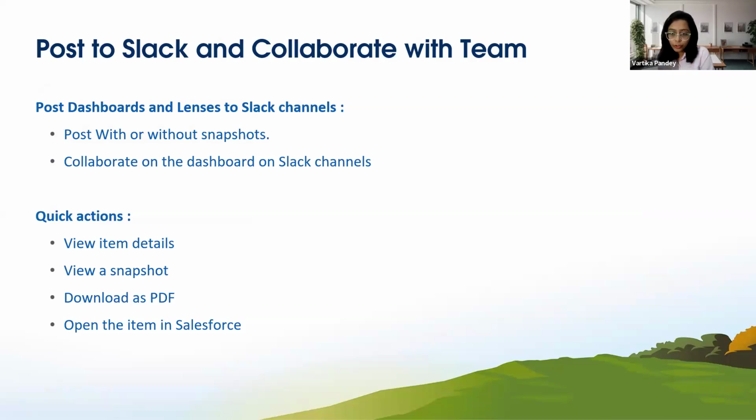If you don't choose to have an image preview, it would be posting without a snapshot. And that comes with a bunch of quick actions. Then you would be able to view your item details, view a snapshot, download your dashboard as a PDF, and open that item in Salesforce using a link. Let's look at these quick actions and posting without an image preview.